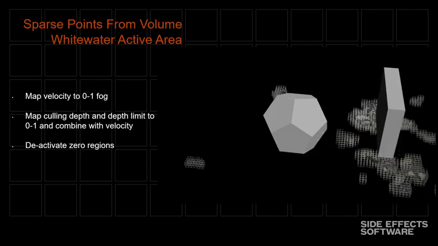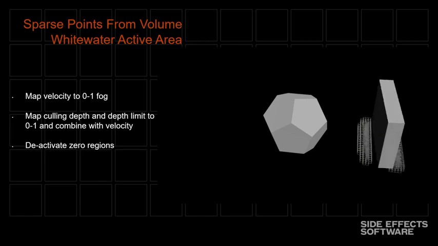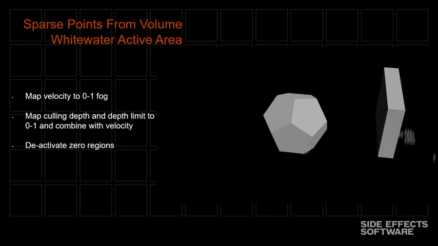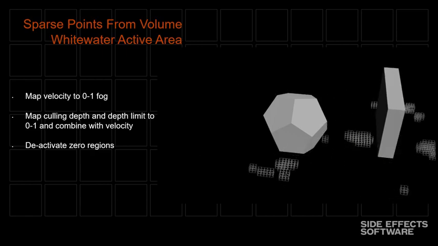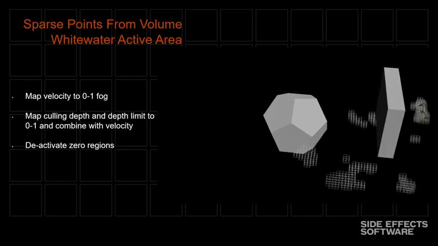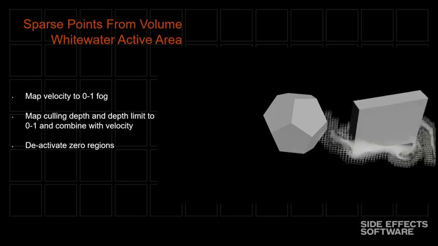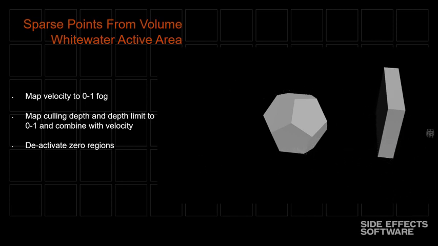So what we're seeing here is actually a mapping of that initial depth and velocity criteria to a fog volume. So everywhere that there is density is actually where the fluid is moving quickly enough or is deep enough to potentially emit whitewater. So this is just using those simulation fields, using the velocity field directly from the simulation, and measuring it and mapping it to sort of a 0 to 1 density. So the squares that you're seeing here are the active tiles.